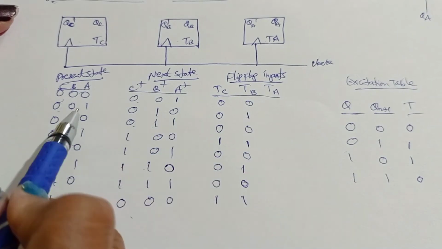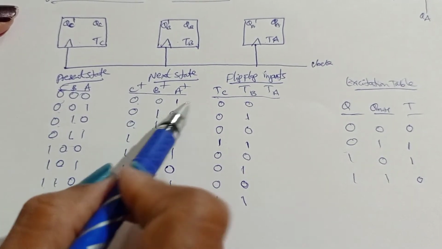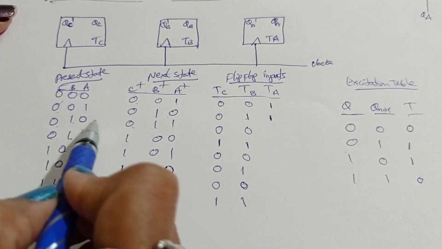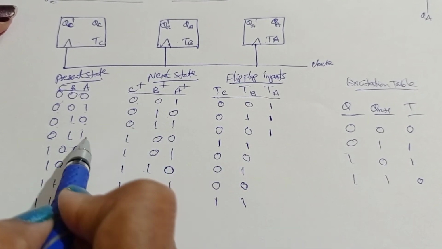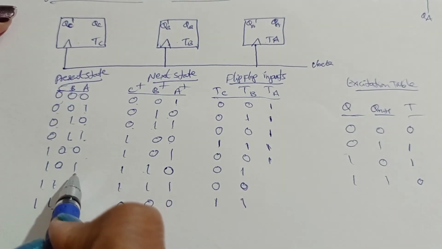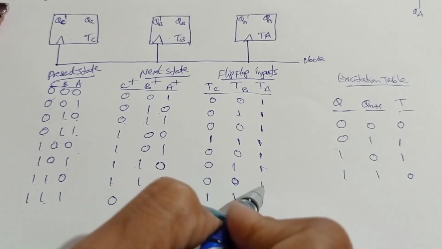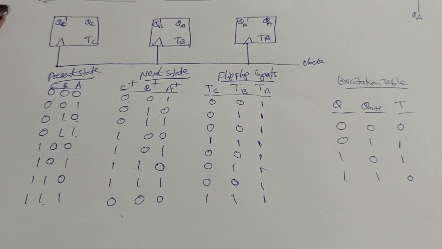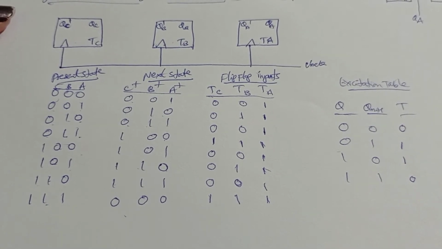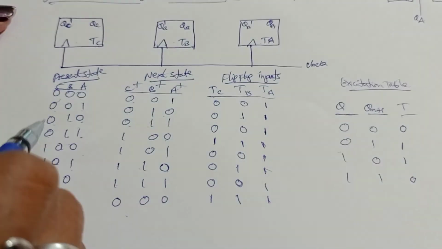Same for TA: present state A, next state A. 0 1, so different, so 1, and different every time, 1. Okay, these are all the inputs for the flip-flops depending on this table.